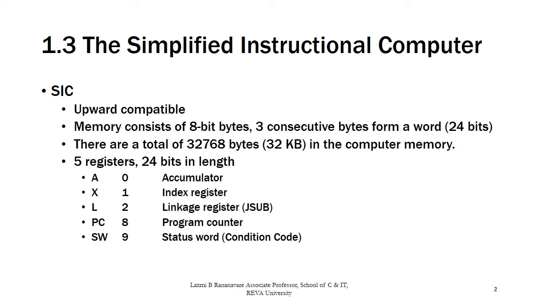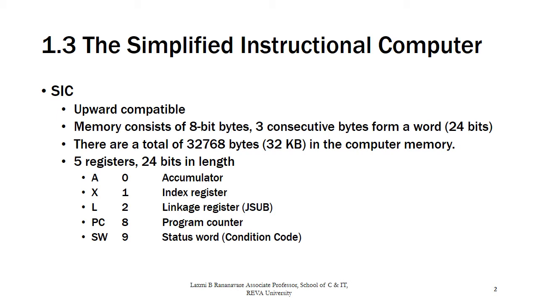Now what type of information each of these holds is very important. Whenever you do computation, one of the results will be present in the accumulator. Whenever you deal with different locations in memory, or if you write an array in assembly language code, that indexing information is present in the X register.